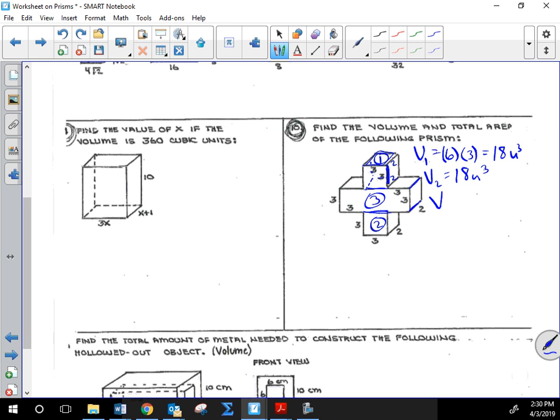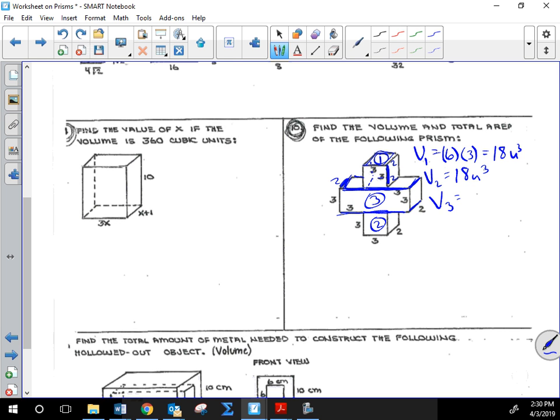Okay. Let's do the volume of the third one. So this is a rectangular prism. Let's see. Our base. Maybe we'll just go from up here. How much is this guy? 2. How much is this whole thing here? 9.